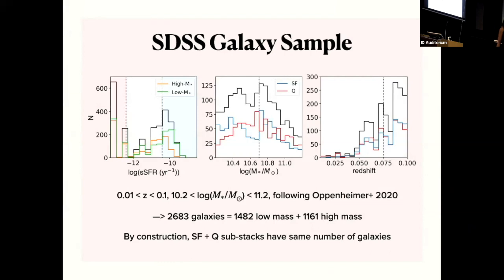We call the top third star forming, the bottom third quiescent, and the middle third we honestly throw out, because we wanted a very clean break between these two populations: star forming galaxies on the one hand and truly deeply quenched galaxies on the other.